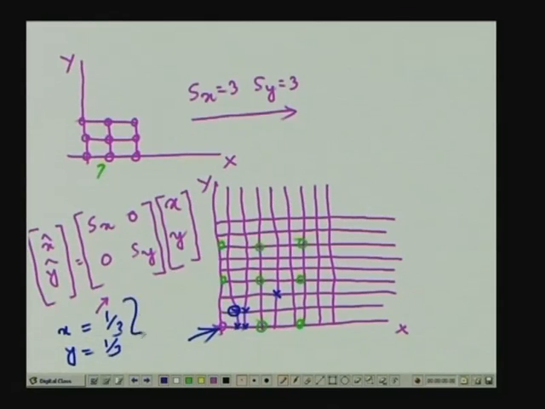Now, here comes the problem. In the original image, I have the information at location 0 0, I have the information at location 0 1, I have information at location 1 0, I have information at location 1 1, but at location 1/3, 1/3 I do not have any information, because you remember from our earlier classes that whenever we have gone for image digitization, the first step we had done was sampling, and the second step that we had done was quantization.